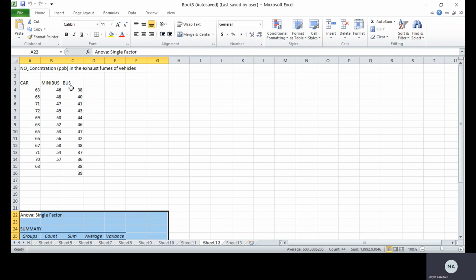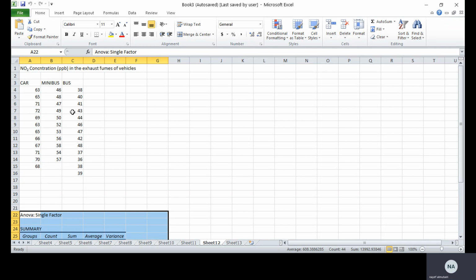We should do the same thing. The null hypothesis is that there is no difference between column 1, column 2, and column 3, which means mu1 is equal to mu2 is equal to mu3. We're going to use the process, and we're going to check P, and we're going to check the F statistic and F critical, and then we're going to compare them all to find out if there is a significant difference.